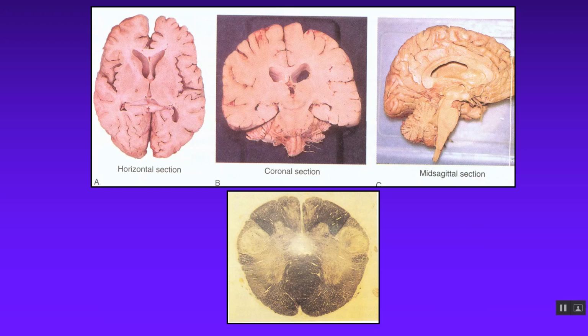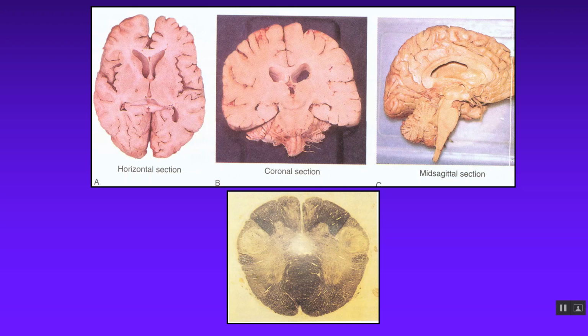Some of the cuts, when you look through your neuroanatomy, say, for example, this cut right here is a frontal or coronal section. So it's like this one right here, a coronal or frontal cut.